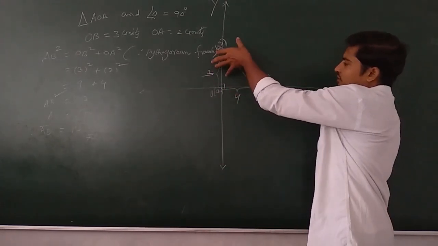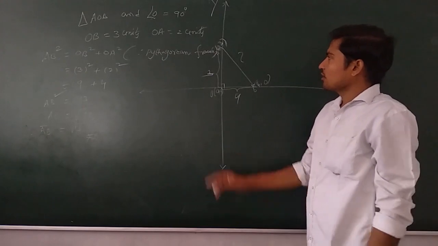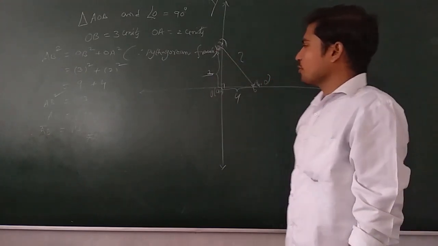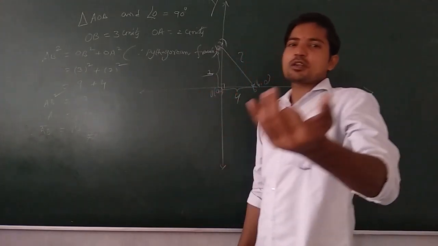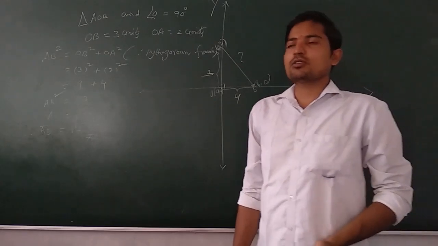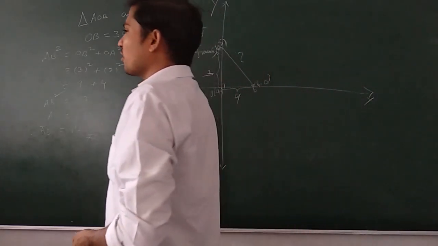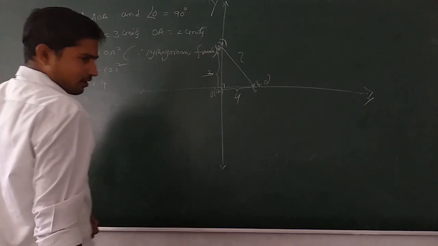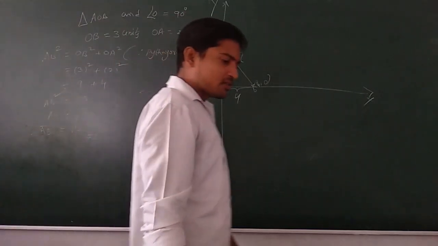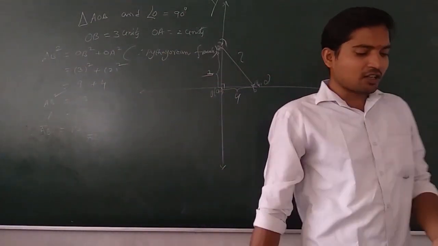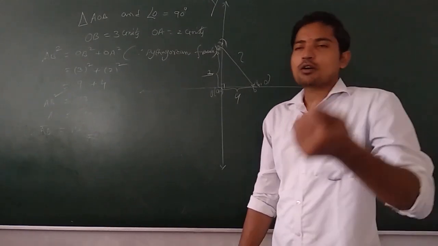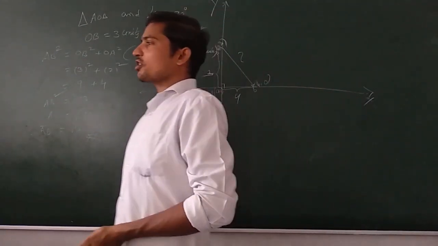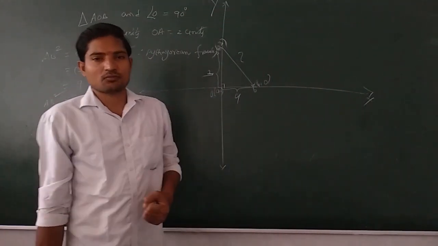By Pythagoras, AB square equal to OA square plus OB square. So 16 plus 9, which is equal to 25. Square root of 25 is equal to 5. We get plus or minus 5 here, but we will consider only the positive sign.